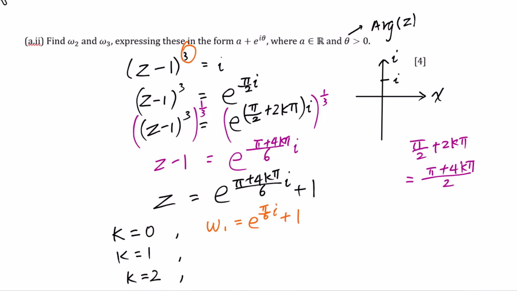When k = 1, omega 2 = e^(i5π/6) + 1. For k = 2, omega 3 = e^(i9π/6) + 1, which is e^(i3π/2) + 1.